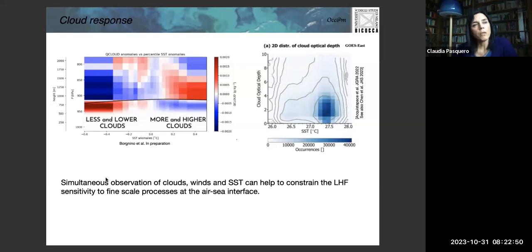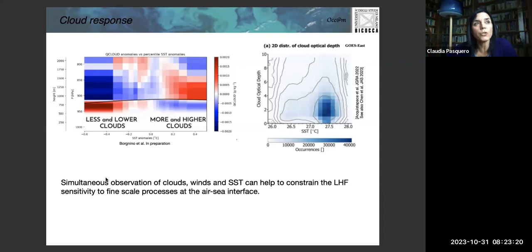Thinking about the observations, it means that we might also be able to extract information on this coupling by looking at the variability of clouds. That's what we are doing right now, analyzing clouds, wind, and SST simultaneously to help constrain the latent heat flux sensitivity to the fine-scale processes at the air-sea interface.